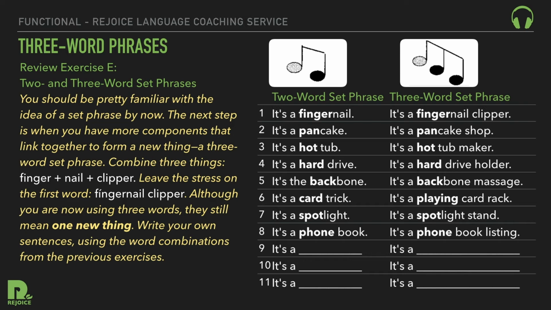It's a hard drive. It's a hard drive holder. 5. It's the backbone. It's a backbone massage. 6. It's a playing card. It's a playing card rack. 7. It's a spotlight. It's a spotlight stand. 8. It's a phone book. It's a phone book listing.